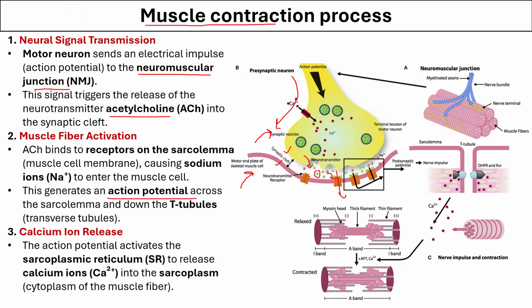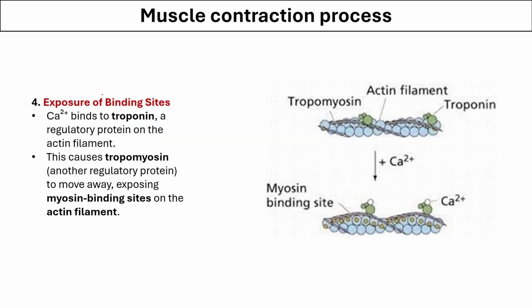This action potential then triggers the release of calcium ions from the endoplasmic reticulum of muscle cells. This calcium released from the endoplasmic reticulum is very important, and let's understand its role. The thick filament, which we talked about earlier, is made up of myosin protein, and the thin filament is made up of actin protein.